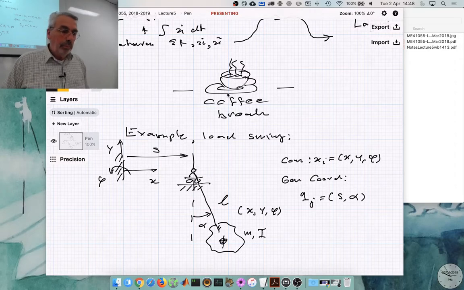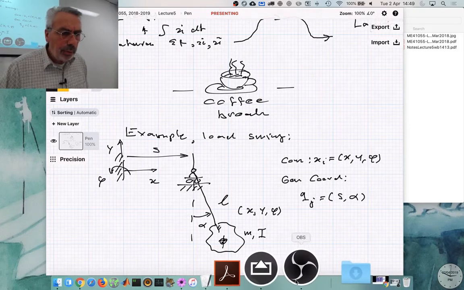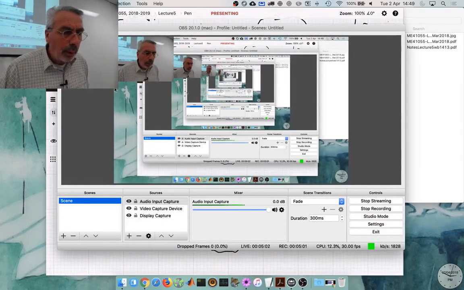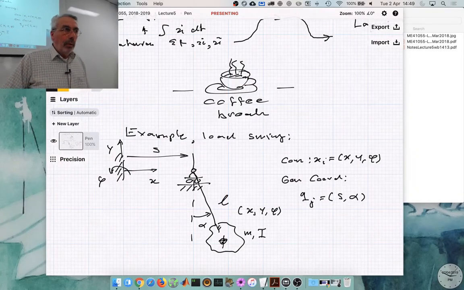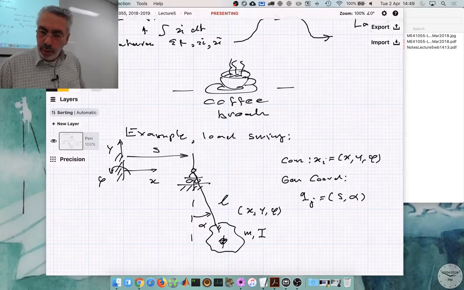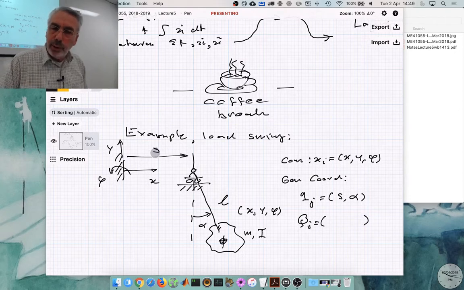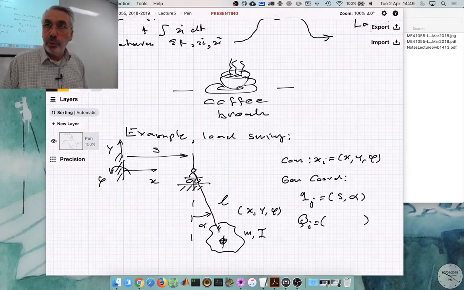Now, most of you are really smart, right? So we can immediately write down what our generalized forces are. Our Q_j's, we can immediately interpret them as, if I have an s here, then it should be some action-reaction force.